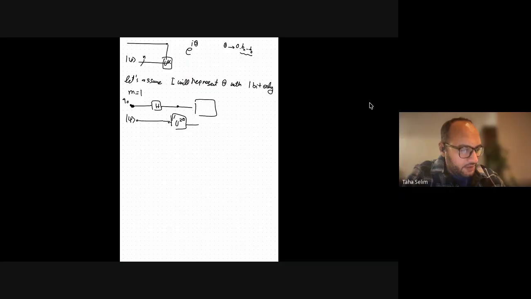And then I apply the inverse of the quantum Fourier transform, and then measure this one to obtain the bit. If I do that, I get 1 binary bit to represent theta.